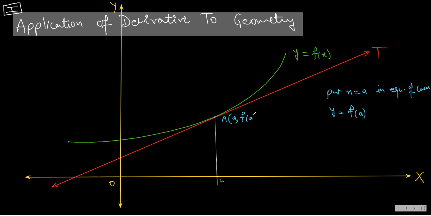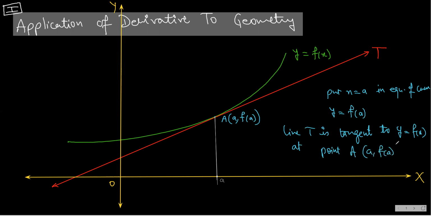So I got a comma f of a as the coordinates of this point. A comma f of a are the coordinates of the point where you have the tangent to the curve. So you can write here: T is a line, so line T is tangent to y equal to f of x at point a comma f of a.